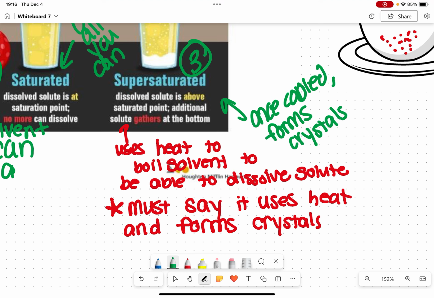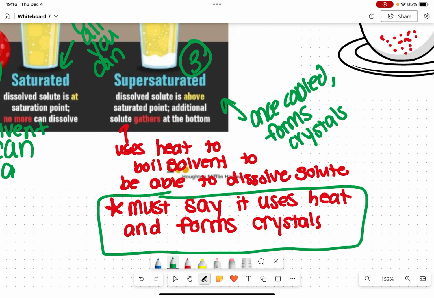The key thing that you want to look for in a description for it being supersaturated is that it must say that it uses heat to dissolve more and it forms crystals, because for a saturated and unsaturated solution, you don't need heat to do so. And if you let a saturated or unsaturated solution sit, it won't form crystals because the solvent or the liquid can still mix in with your solute or your solid.